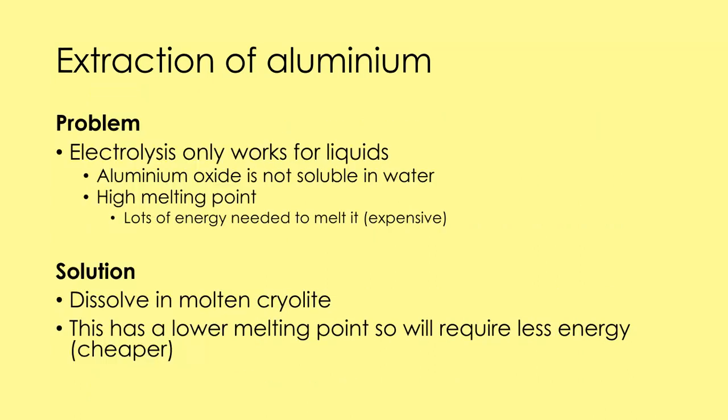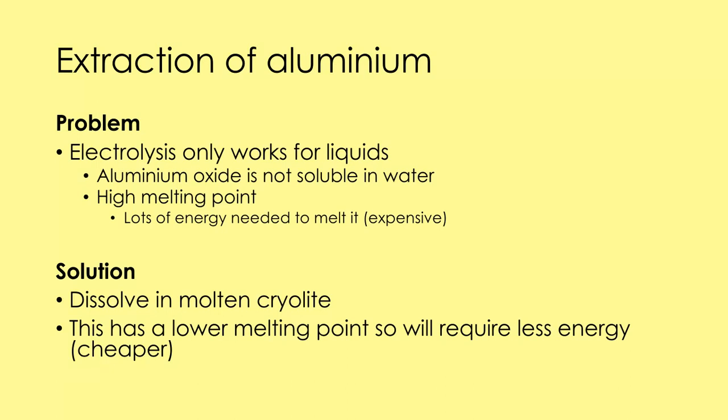Before we look at the diagram of the process, we need to understand the main problem with the extraction of aluminium. When we think back to electrolysis, we should hopefully remember that we need an electrolyte, and that electrolyte needs to be a liquid. So it either needs to be melted if it's a solid, or it needs to be dissolved in something.